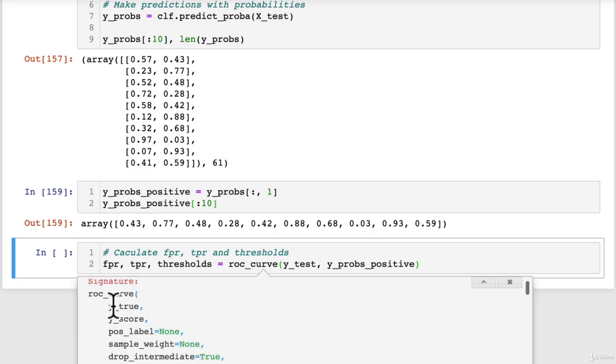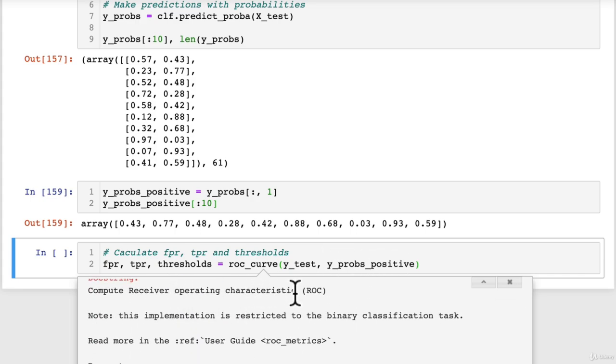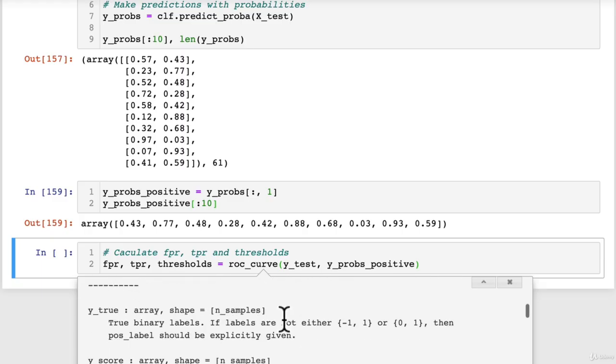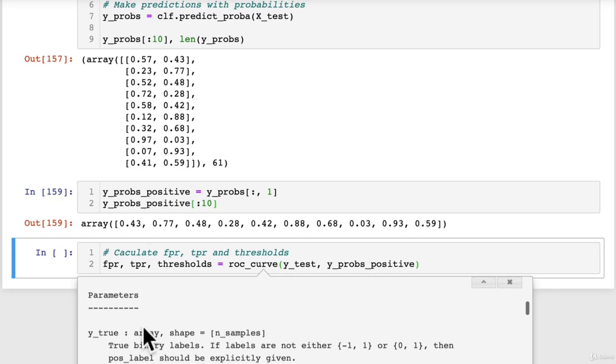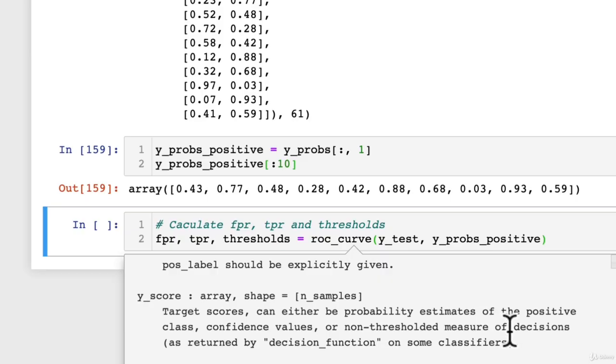So we got roc_curve, it takes ytrue, so that's our test labels. It takes yscore, so that's our yprobs positive. And if we come down here, compute the receiver operating characteristic, ROC, yep, beautiful. Now parameters, ytrue, yscore, target scores can be either probability estimates of the positive class, confidence values, or non-threshold measures of the decision.